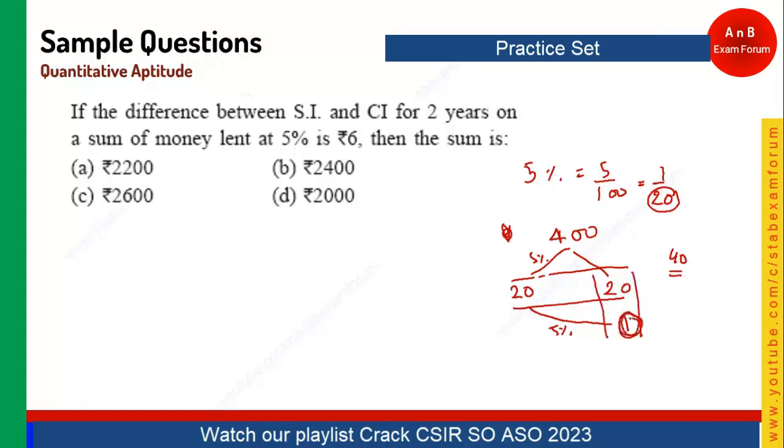The difference they have given is 6 rupees, so it becomes 6 multiplied by 1, so your principal also becomes 6 times, that is 2400. Understood? Students, this one is SI, this one is CI for the first year, this one is CI for the second year, and this is the CI minus SI. So option B, 2400, is the correct answer.